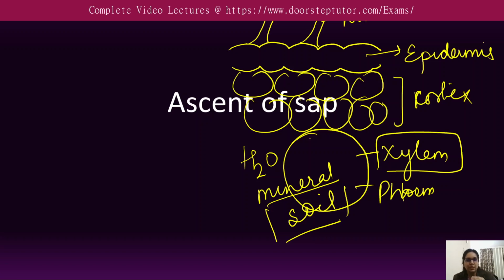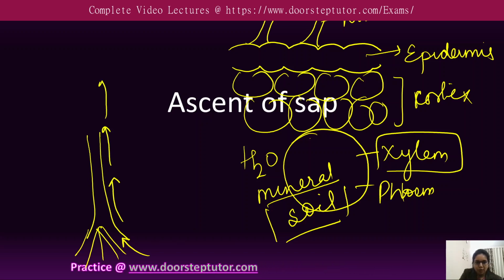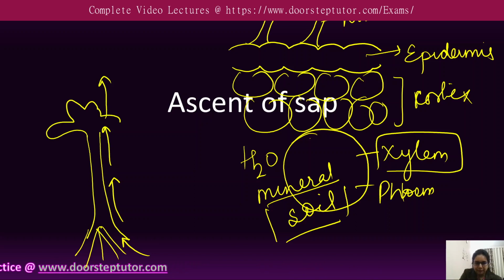So from the epidermis to the cortex, the water and minerals are transported to the xylem, and from the xylem, the water and dissolved minerals move. Suppose this is a root of the plant and the water is entering, and then from the xylem the water is moving upward like this.